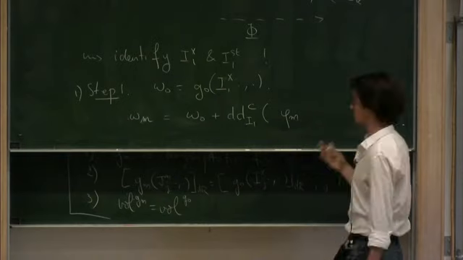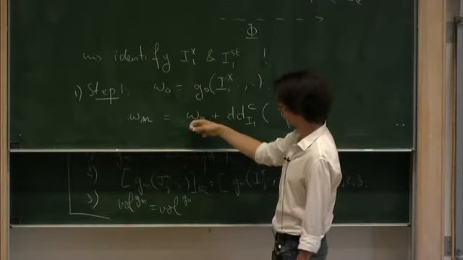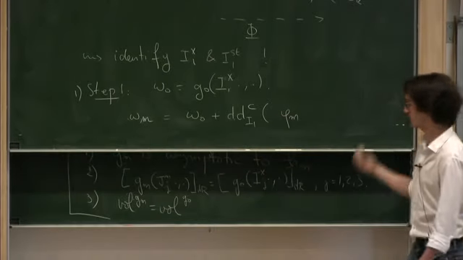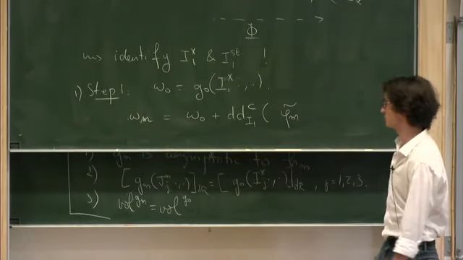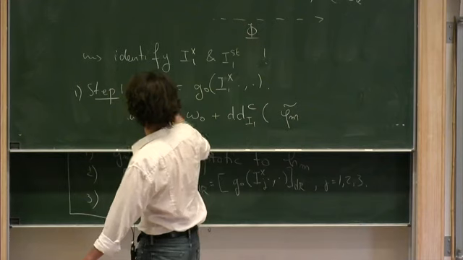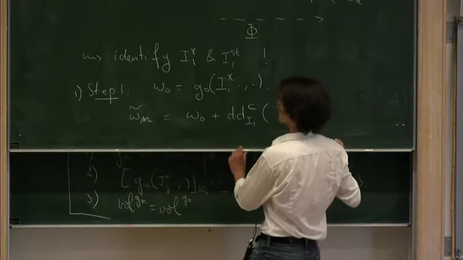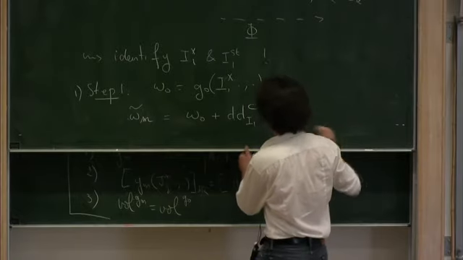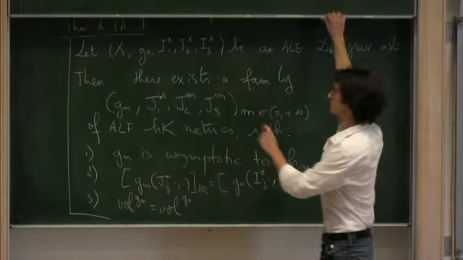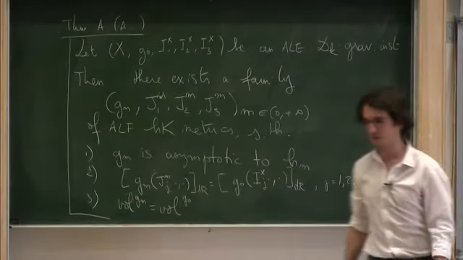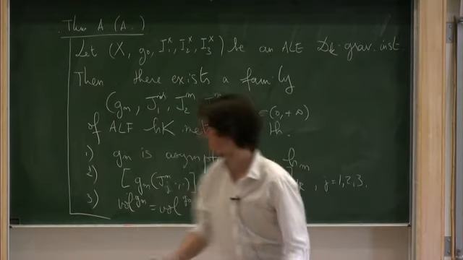You have to use some cutoff and to subtract some potential for omega 0 as well, which I hide into a little twiddle here. But if you are a little careful with the parameters, you can do it quite nicely.